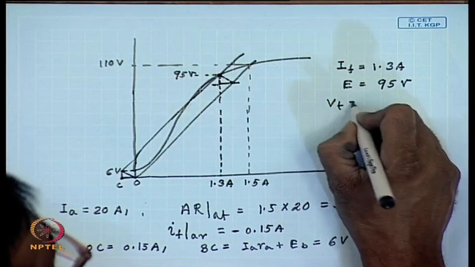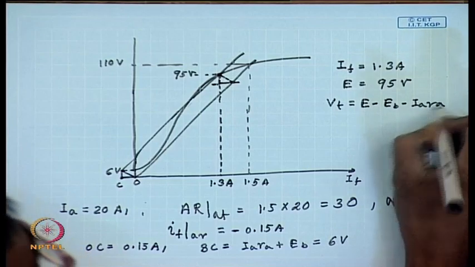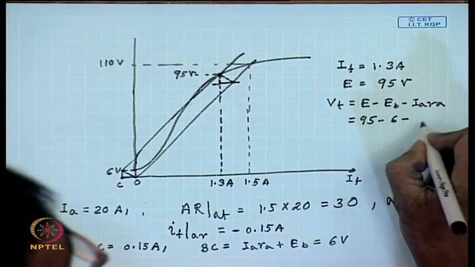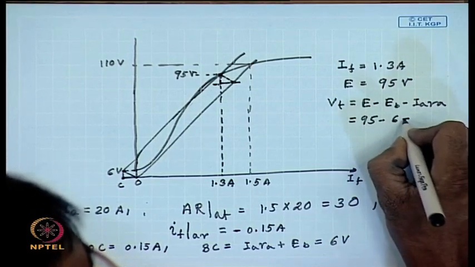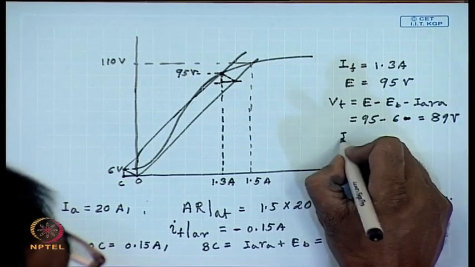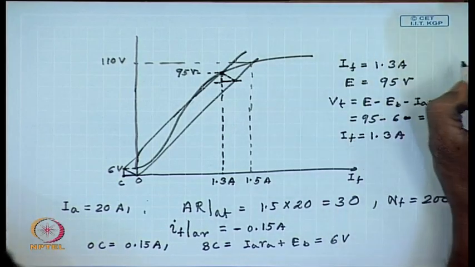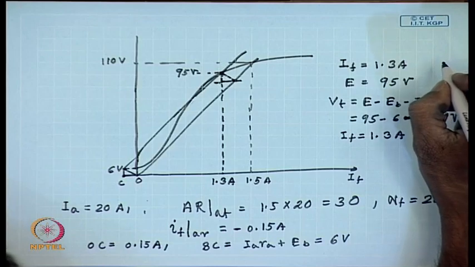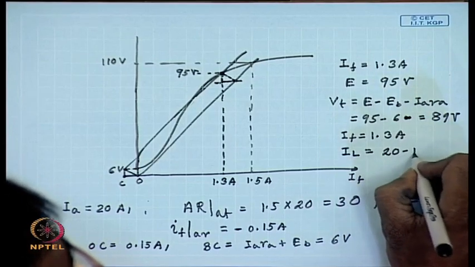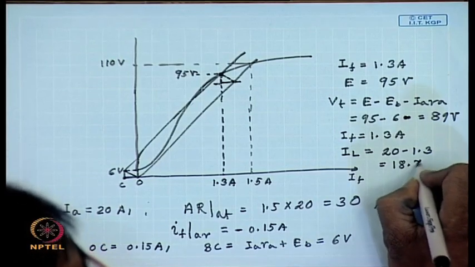So, Vt equal to E minus Eb minus IA RA equal to 95 minus 6 equal to 89 volts, IF equal to 1.3 amperes, and IL equal to 20 minus 1.3 equal to 18.7 amperes.